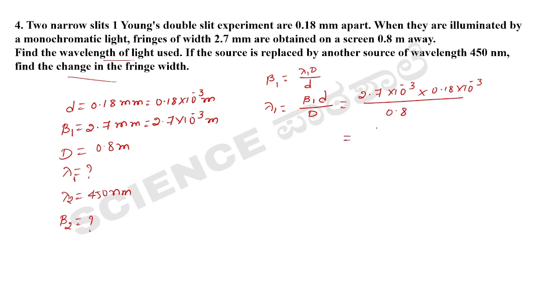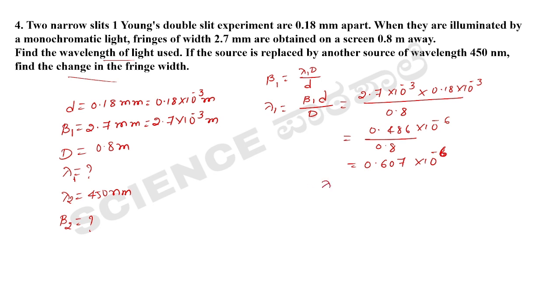If we solve this, you will get 0.486 into 10 raised to minus 6 divided by 0.8, which gives 0.607 into 10 raised to minus 6.